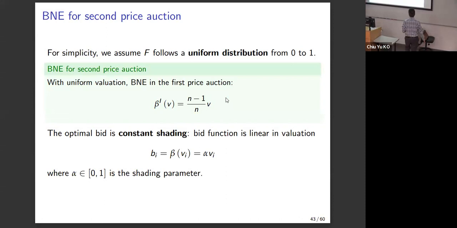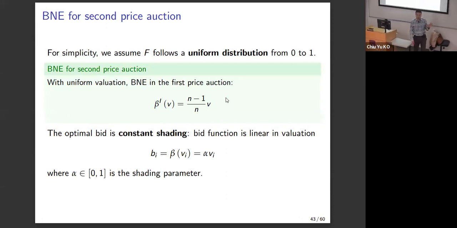You are not bidding it all, but just part of it, because when you win, you still have some surplus. Basically it's the standard idea of marginal revenue and marginal cost. At this point, increasing your bid would increase your chance of winning, but you are also more likely to pay more. So you are indifferent at this point, okay?